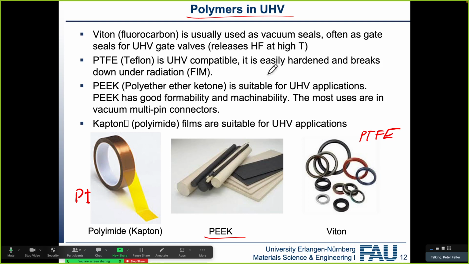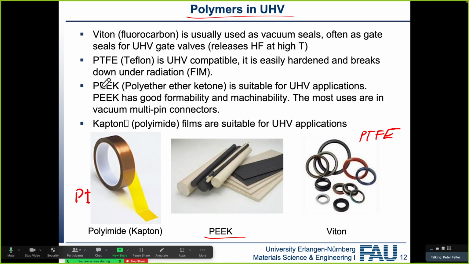But the problem with PTFE is that it's easily hardened and breaks down under irradiation, and it also tends to emit small amounts of fluorine. A good example of that is there are ultra-high vacuum transmission electron microscopes that use PTFE a lot inside, and they always seem to have a fluorine peak in their microanalysis data, just because you get some outgassing.